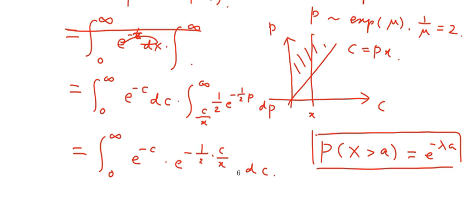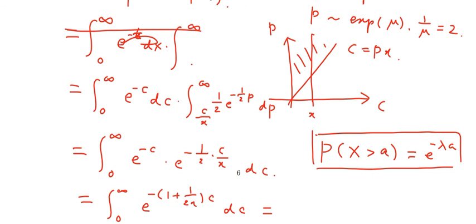Here c is the variable and x is constant, so we take it out. So here is 1 plus 1 over 2x, times c, dc, right?